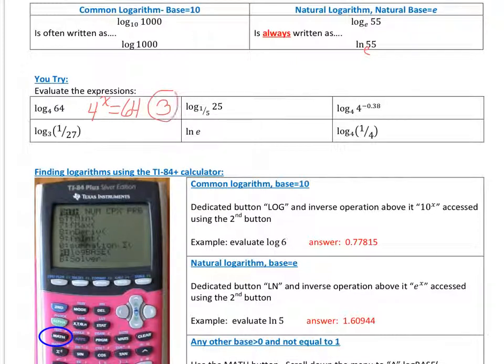For the expression log of 64 with a base 4, the answer is 3. All right, the base here is 1/5, and we're asking ourselves, what is that exponent that is going to yield 25? And of course, that exponent is going to be -2.